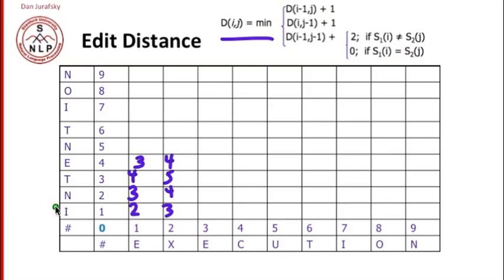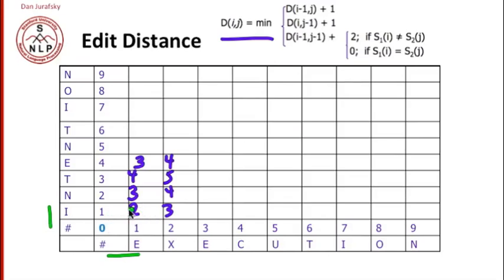This 2 here is the distance between the string I and the string E. And we got that by saying it's either the alignment between nothing and E plus the insertion of an extra I. So that's distance of 1 plus 1 is 2, or 0 plus 2 is 2, or 1 plus 1 is 2.